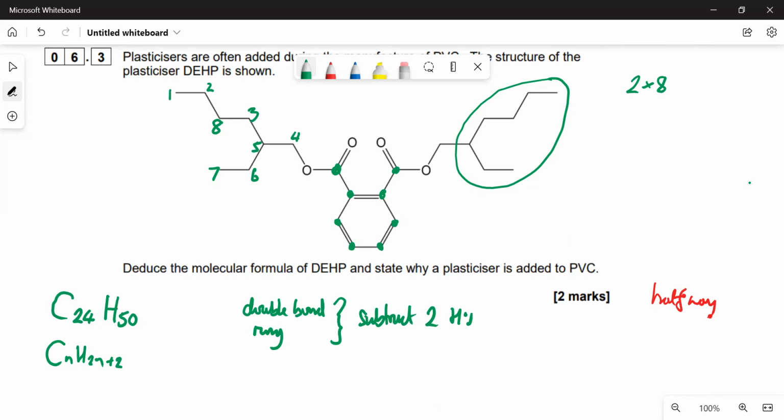So how many double bonds have we got here? We have got 1, 2, 3, 4, 5, plus a ring. That's 6 lots of 2 hydrogens, which is equal to 12.